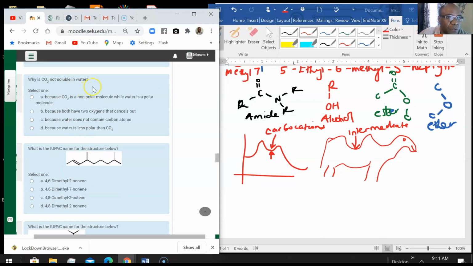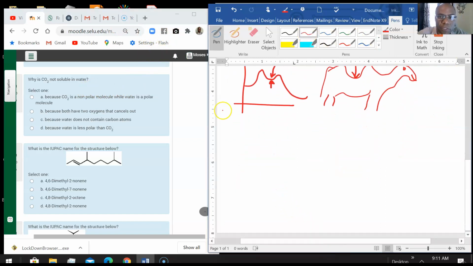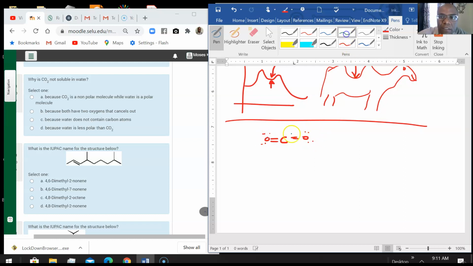Why is CO2 not soluble in water? In that question you are supposed to draw the Lewis structure, and then you'll notice that the dipole moments will cancel. So CO2 is nonpolar because the dipoles are pointing in directly opposite directions, not at an angle.